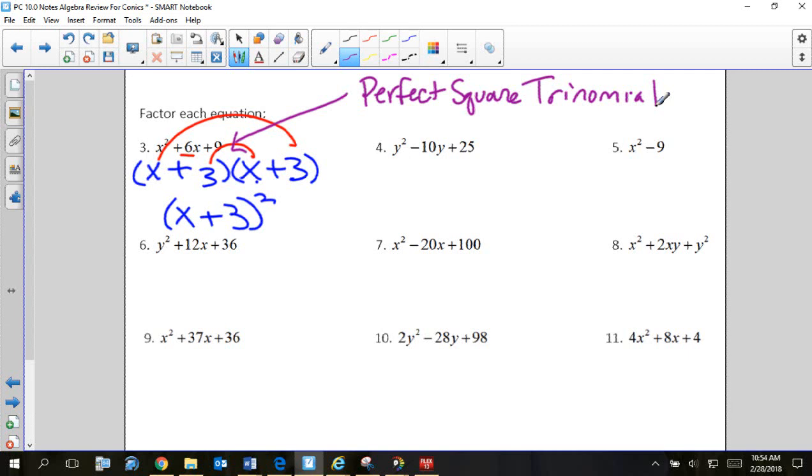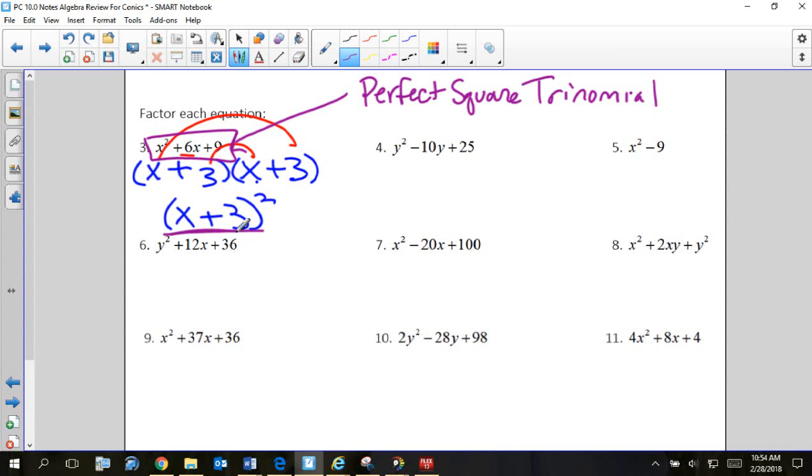What's another perfect square? 9 is 3 squared. 49 is 7 squared. So they're called perfect squares because they come from something that is square. So this is called a perfect square trinomial because it comes from something that was square. X plus 3 was squared. So that's why it's called a perfect square. And then in this form, it is a trinomial.